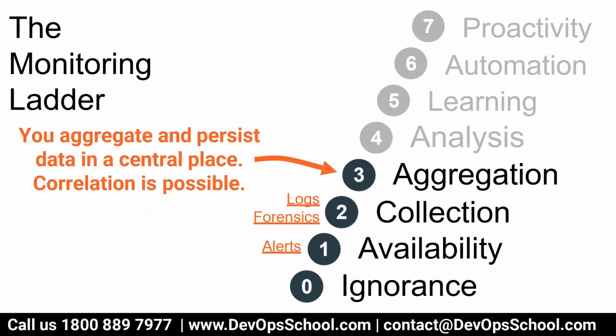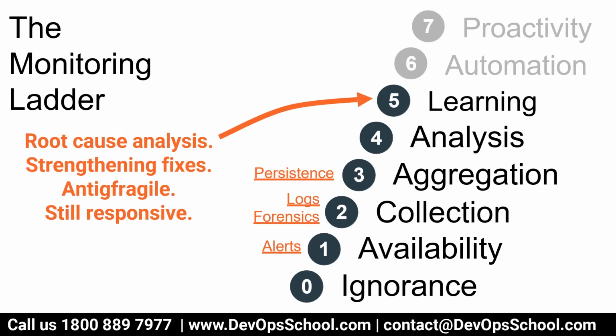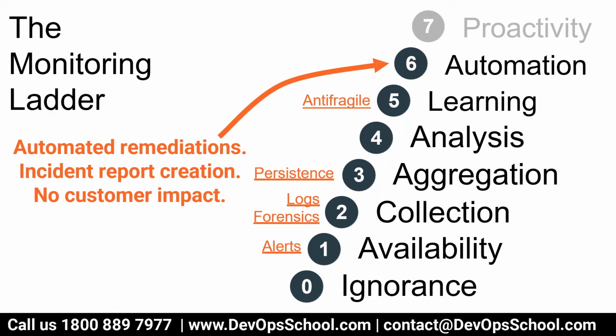Third, aggregation: you aggregate and process data in a central place, and correlation is possible. Then analysis: you analyze the aggregated and correlated data and use it to fix issues. Then learnings: root cause analysis, runbook, whatever you want to call it, making the system anti-fragile and responsive, and bringing automation in place to remediate issues that you get repeatedly.